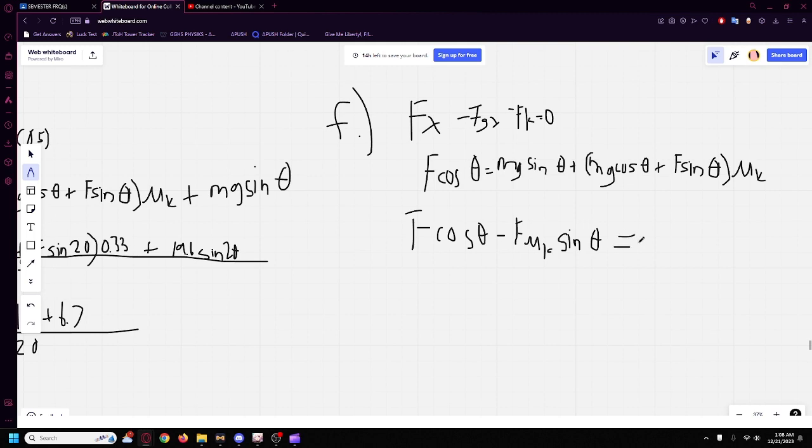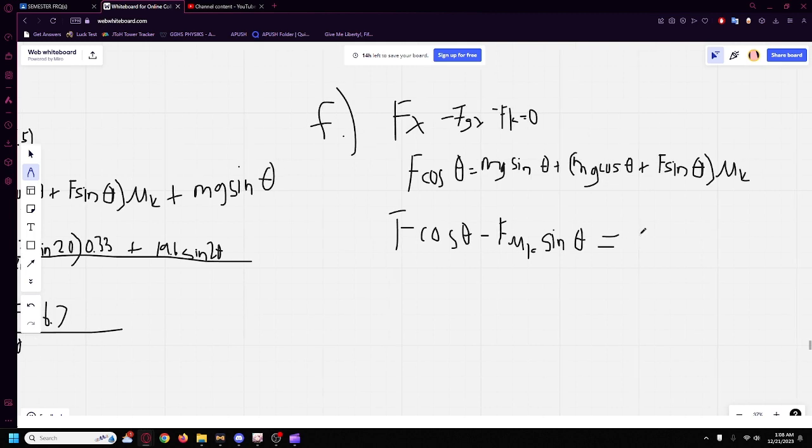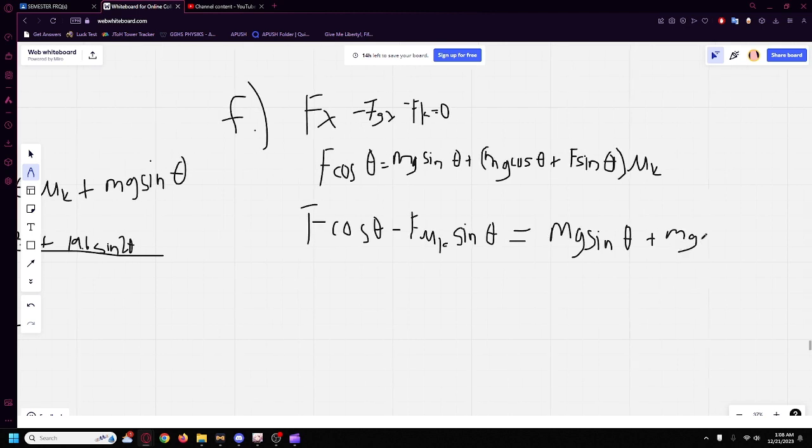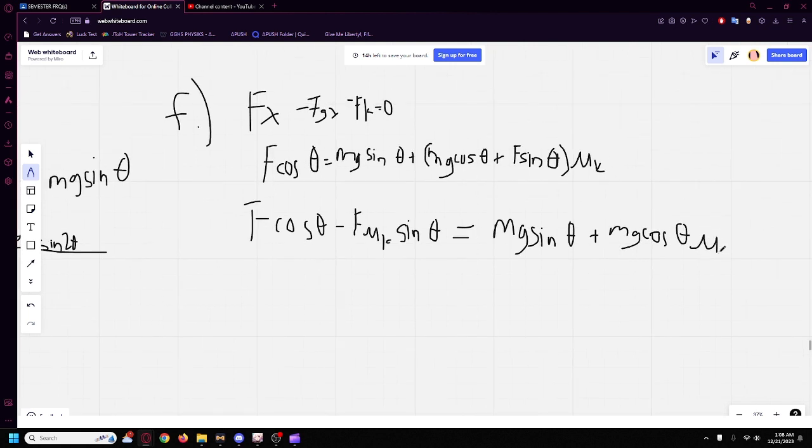minus F mu_k sine theta is equal to mg sine theta plus mg cosine theta mu_k. You factor out F and you divide by this.